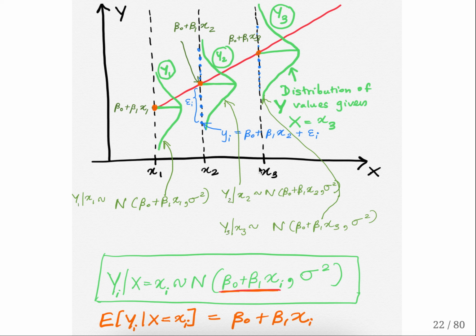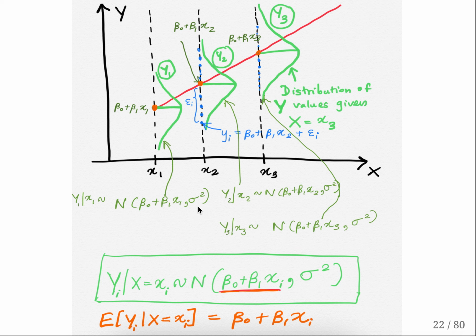For example, if x equals x1, then y has a normal distribution with mean beta naught plus beta 1 x1. The variance of y is sigma squared.